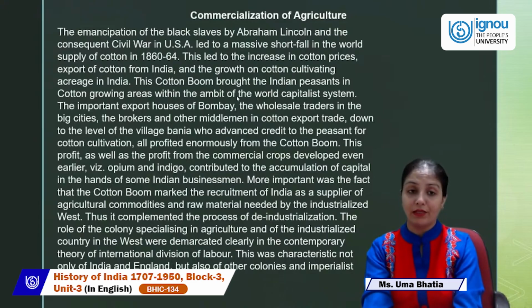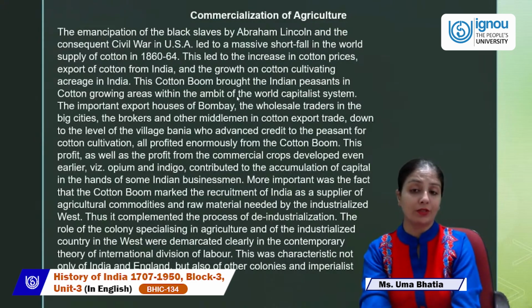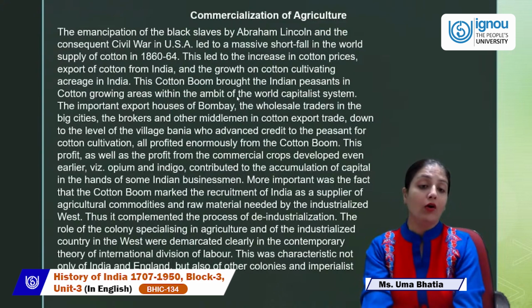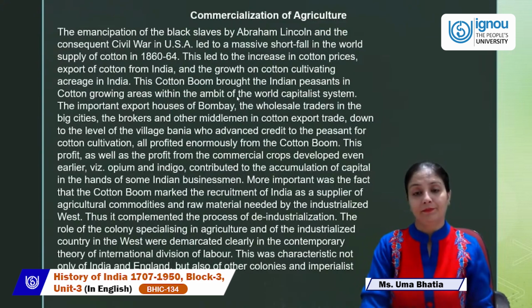This profit, as well as the profit from commercial crops developed even earlier, like opium and indigo, contributed to the accumulation of capital in the hands of some Indian businessmen.